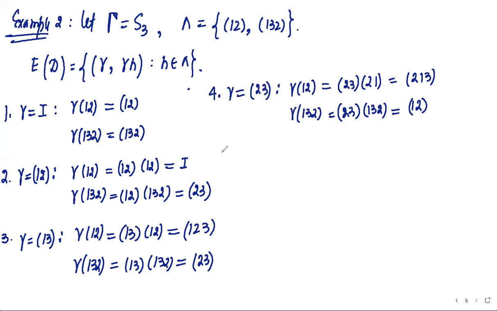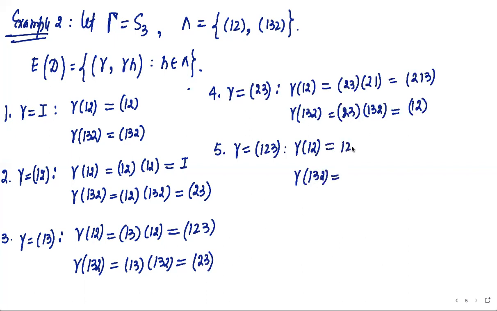Okay. Now the fifth one is gamma equal to (1 2 3). Then gamma of (1 2), and what about gamma of (1 3 2)?